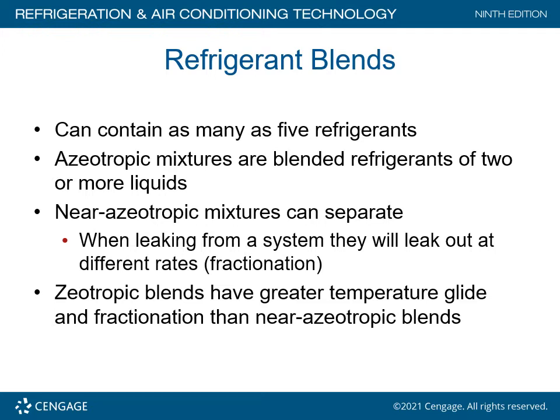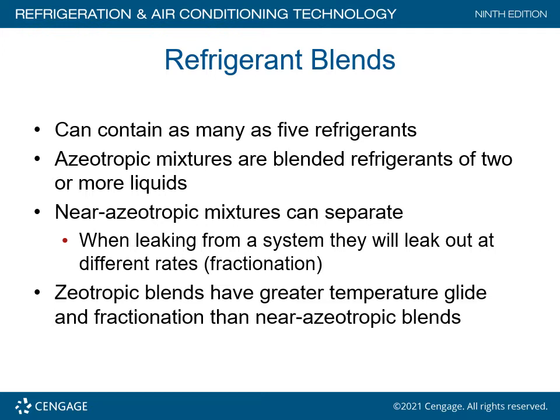Refrigerant blends. They can contain as many as 5 refrigerants. Azeotropic mixtures are blended refrigerants of 2 or more liquids. Near azeotropic mixtures can separate. When leaking from a system, they will leak out at different rates, and this is referred to as fractionation.